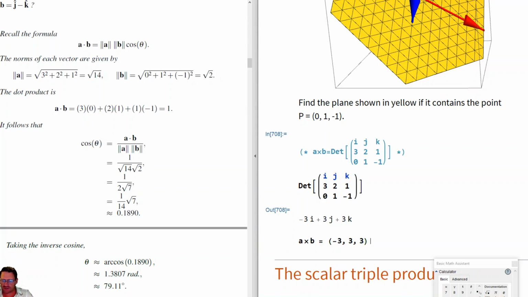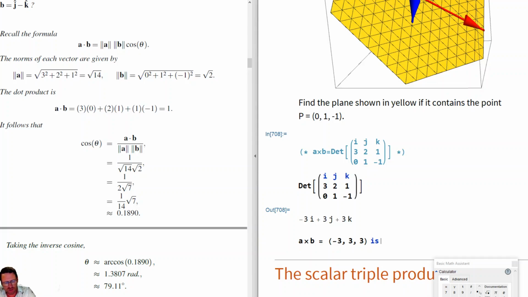Okay, now what I do to get the equation of the plane is I use these coordinates in a scalar equation of that plane. Now remember what I have. I have a vector that is perpendicular to both. So let's just write that.